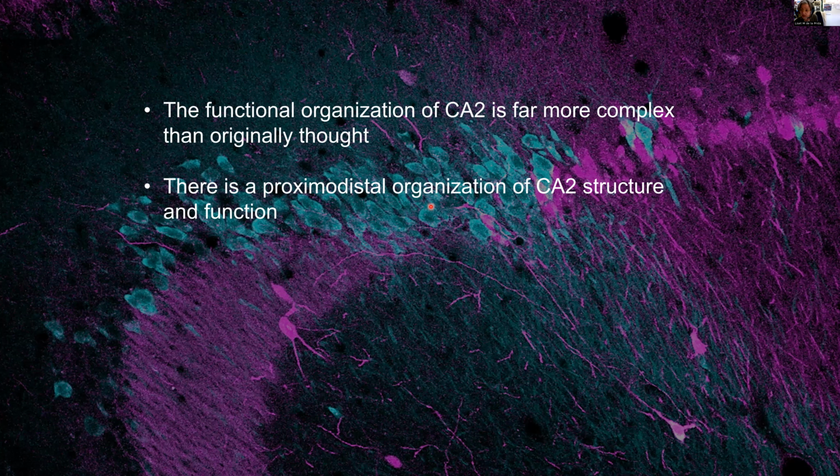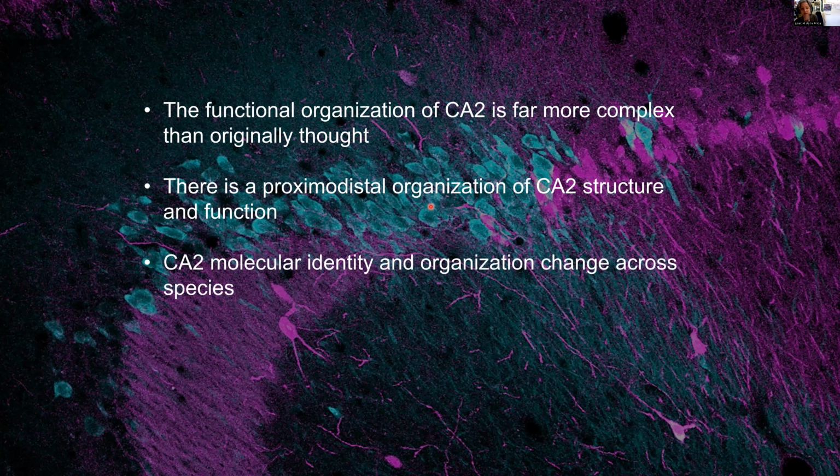And this is very important across species because the molecular identity of the CA2 region and its organization is very variable. And we think that this has a strong implication for the structure and function of CA2, to understand its role in memory processes involved in hippocampal function.